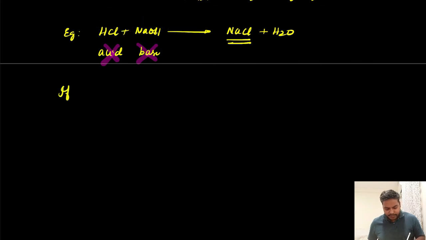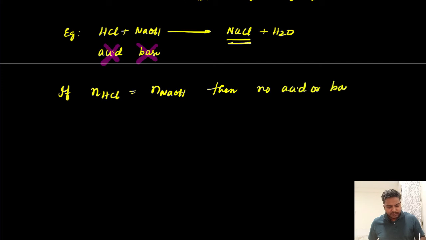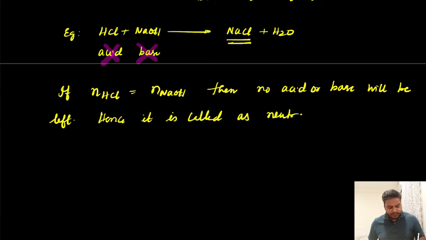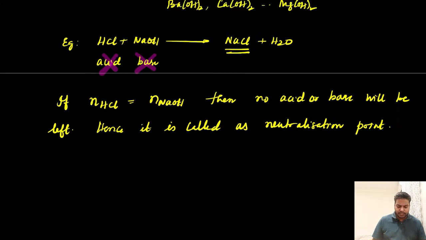So if the number of moles of HCl is equal to the number of moles of NaOH, then no acid or base will be left. Hence, it is called the neutralization point, which means a point at which HCl and NaOH have reacted together to give salt and water.